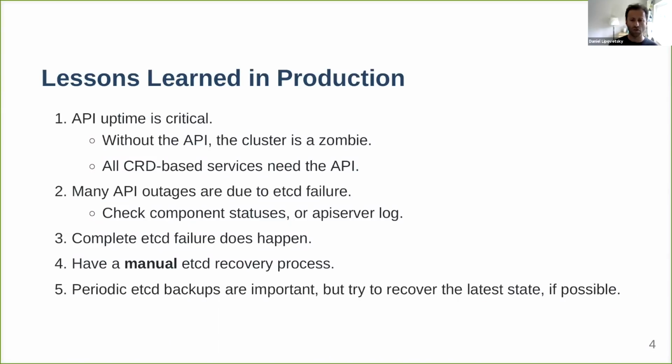If the API server is responding at all, sometimes it begins to crash loop, at which point that's not even useful. Sometimes you just have to go to the API server log. One way of finding whether there's something amiss with etcd is to grep for etcd server or etcd in the log. And another lesson that we've learned the hard way is that complete etcd failure does happen.